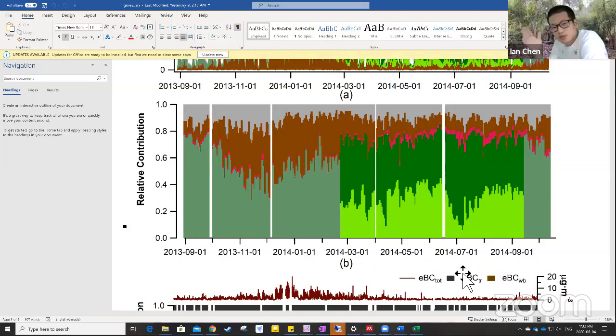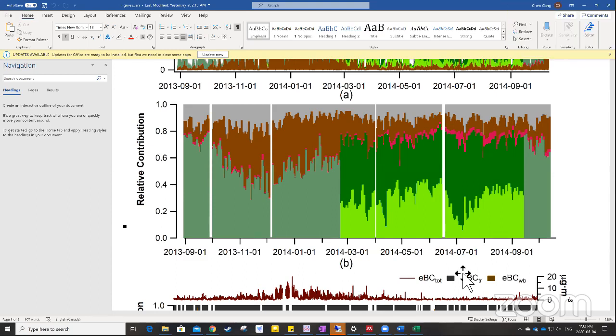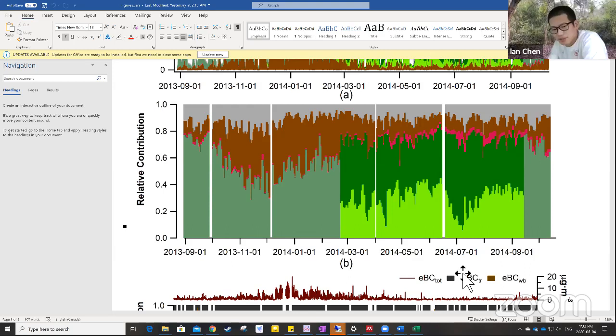Okay, so for example, you start the summer on the 1st of June. When you combine everything together, on June 1st you selected a 3-factor solution, but before June 1st you only have a 4-factor solution, right?